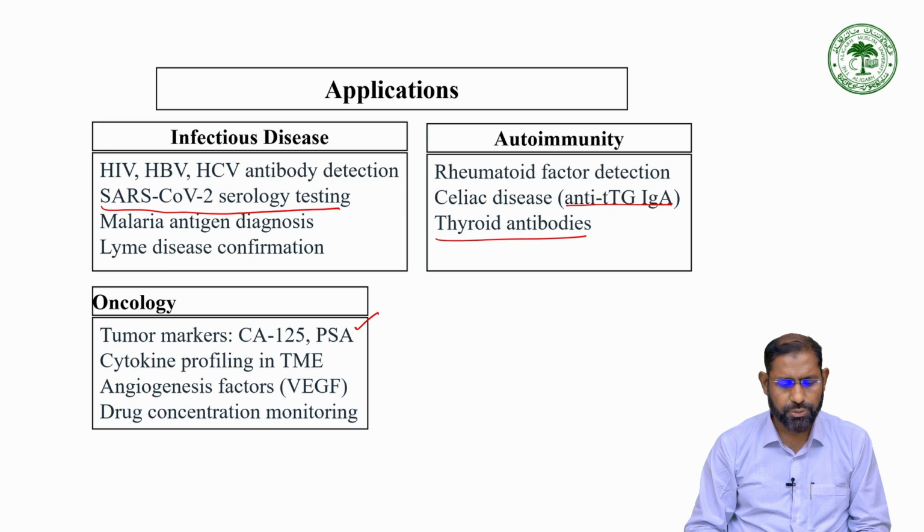Then also we use cytokine profiling in the TME. Then also we use angiogenesis factors like VEGF, vascular endothelial growth factor, and also we monitor drug concentrations. When we monitor the drug concentrations, we use ELISA.